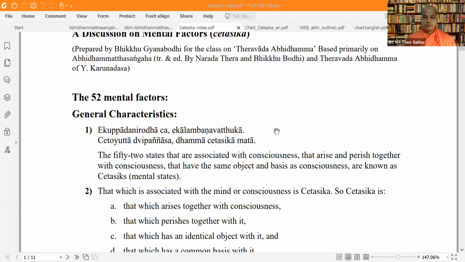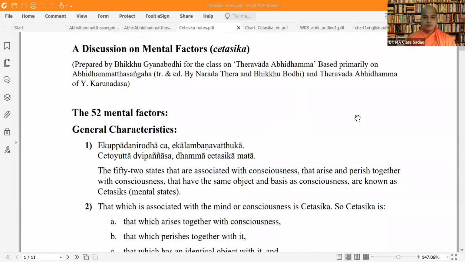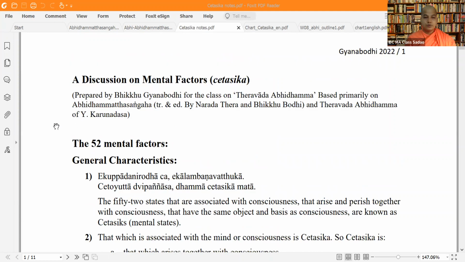So before starting to discuss Chaitasika, do you have any question or remark on the course or on any topic related to the course? Can you all see my computer screen?